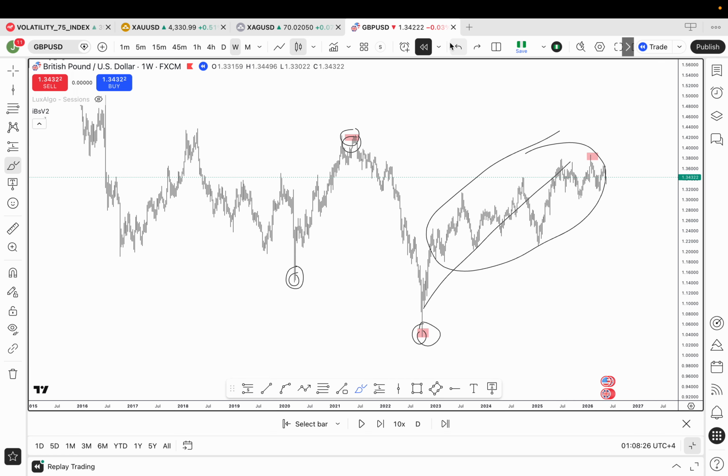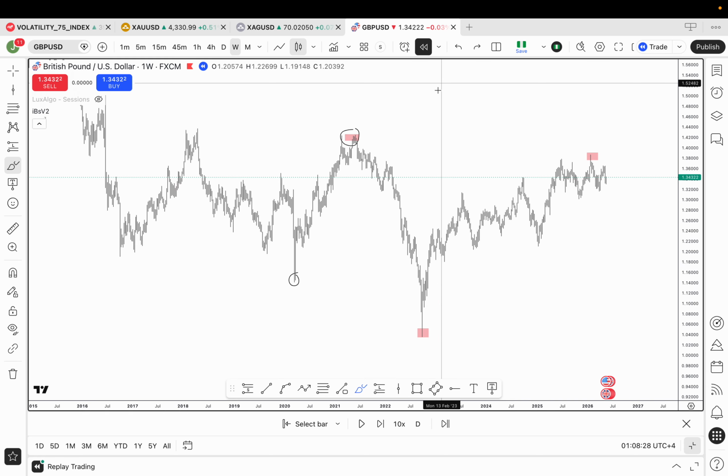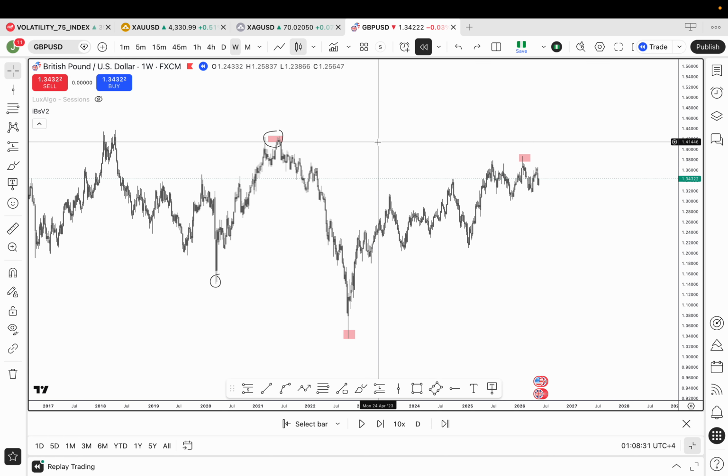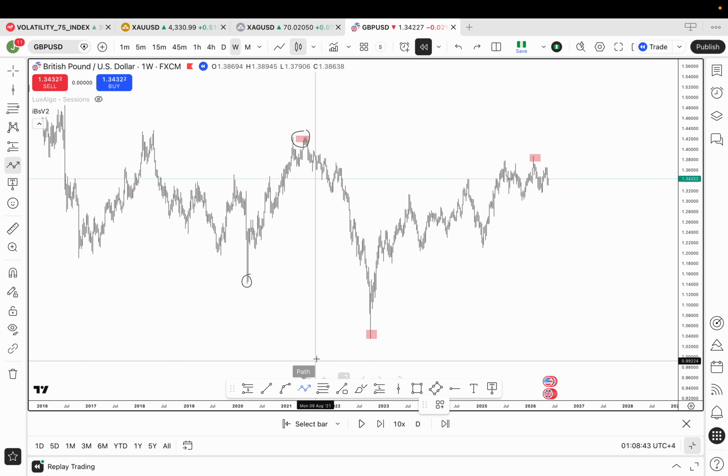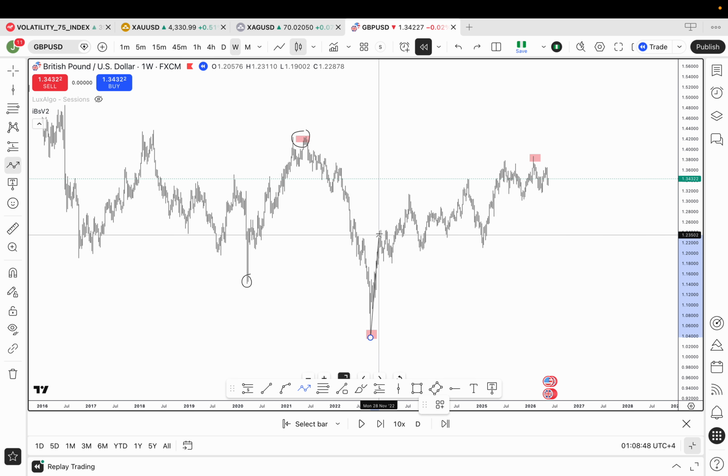Now if you look at it properly again, you see that even in this place we have structures going high, coming back low again, go high, come back low again, go high, come back low. So if you want to spot these things in a very proper way, you can start by drawing a line like this, this, this, and this.